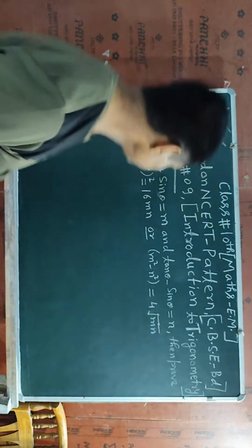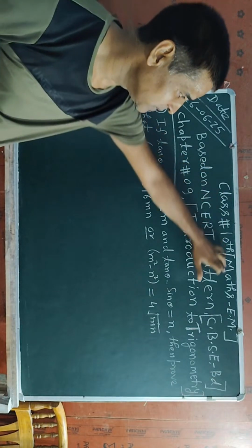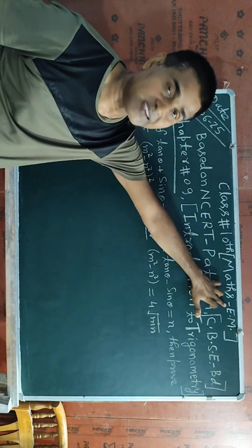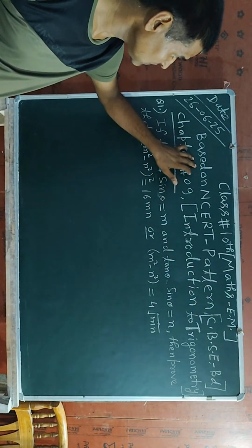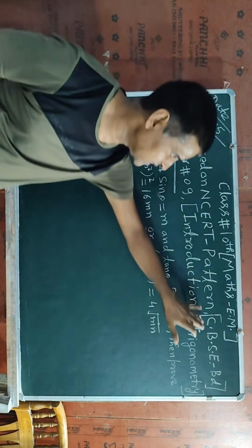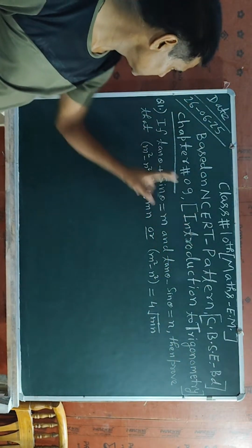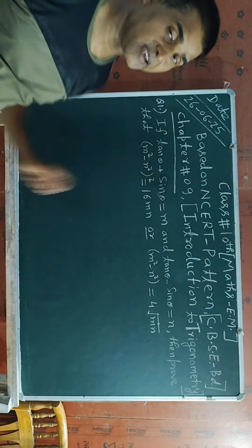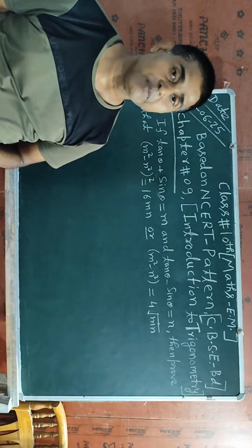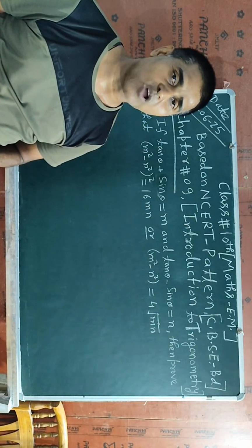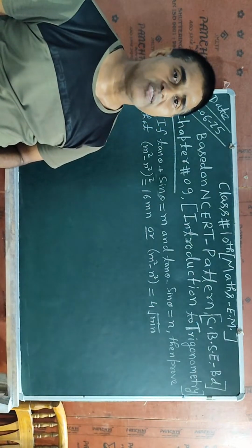Okay, students, concentrate here, because this is class 10 mathematics, available in English medium, based on the NCERT pattern, that is, the CBSE board. This is chapter number 9, because chapters 1 to 8 I have already discussed.